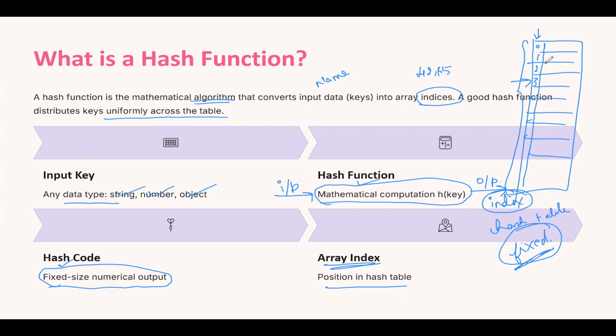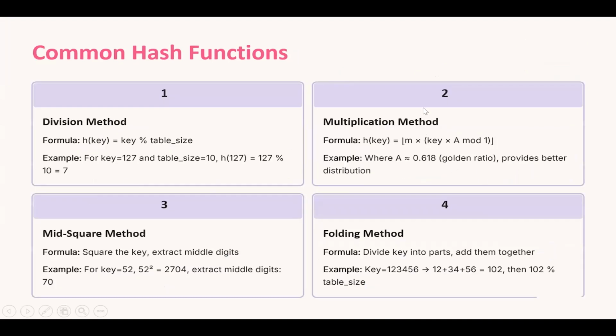All right, I hope it is clear what a hash function is and what its different features are. Now, let us see the common hash functions which will be used. The first one is the division method, where the table size indicates how many rows are present. For example, the number of rows of a hash table can be the table size.